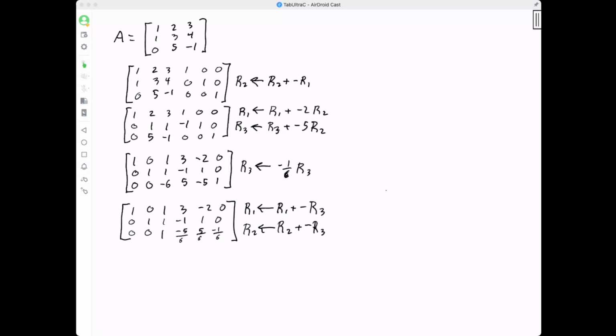I'm going to write this a little bigger because we're going to have lots of fractions now, and this is something that usually happens. But I'm going to get 1, 0, and then I'm taking negative 1 times row 3, so I get negative 1 plus 1 is 0. Then negative 5/6 times negative 1 is 5/6 plus 3, or 5/6 plus 18/6, which is 23/6.